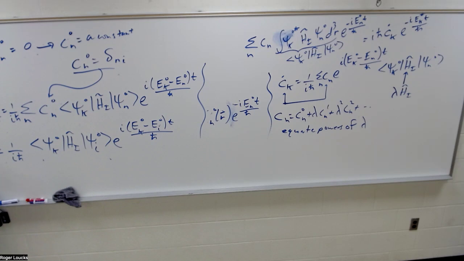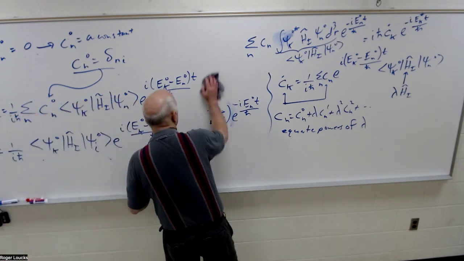what did we take this k to be? We took this to be the final state, like that. And so when we solve for that, it gave us this.